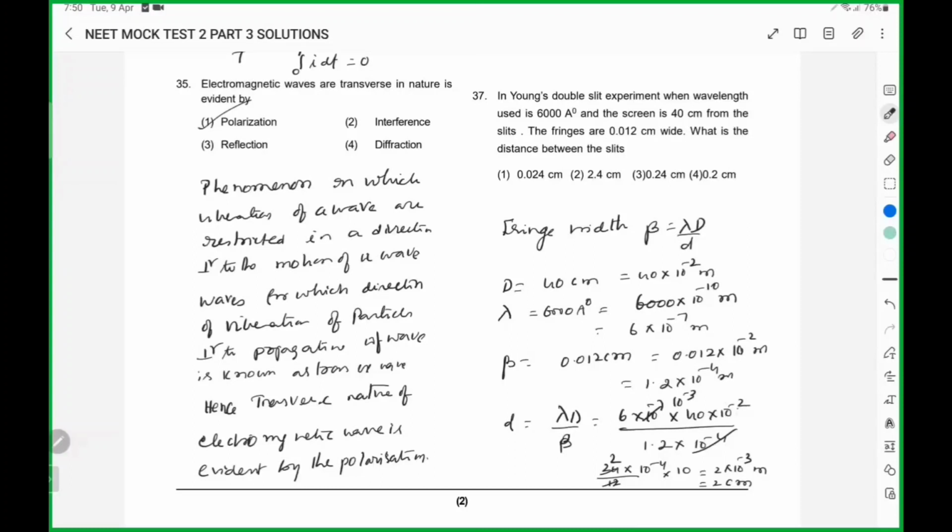Then here 1.2 into 10 power minus 3, 10 power minus 5. So 2 into 10 power minus 4 meters, which is 0.2 centimeters.